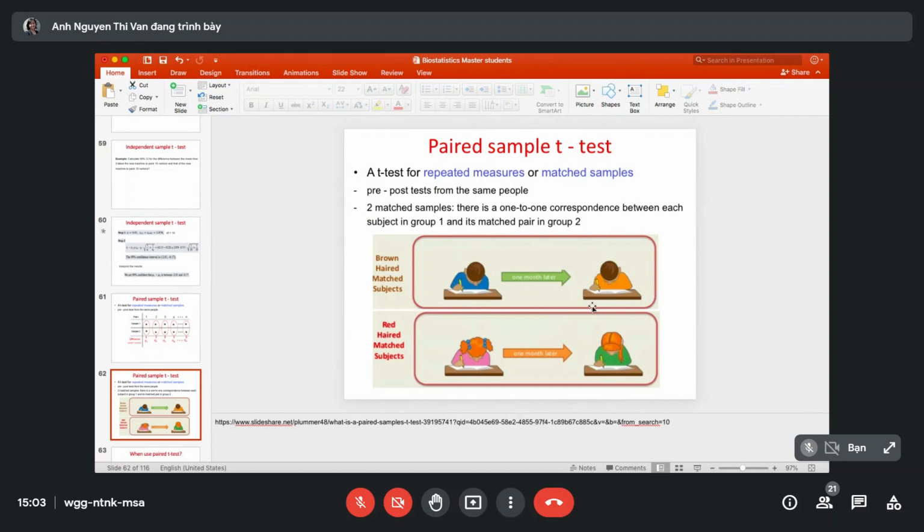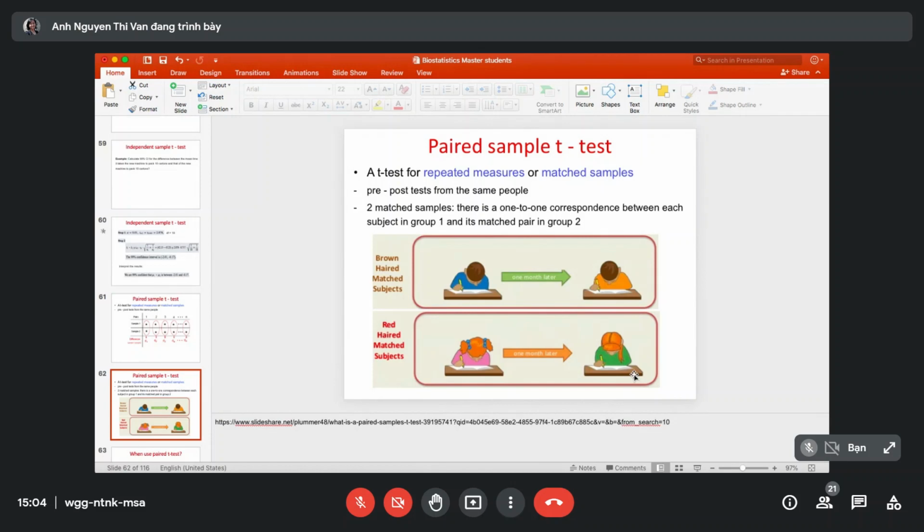Okay, we are trying to compare one variable and we will try to match the data. In this case, the matching characteristic is the hair color. So the brown hair color, the red hair color, match each other in the color of the hair. The first pair is the brown hair color of two persons, and the second pair is the red hair color of two persons.